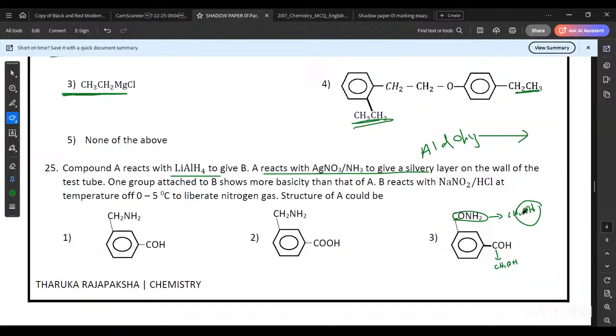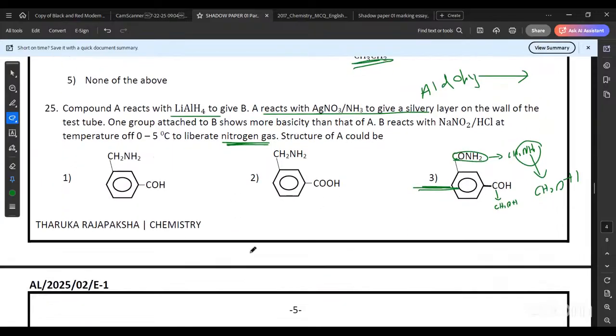Also, at 0 to 5 degrees Celsius, this will not go to a diazonium salt. It will directly go to what? A phenol, liberating nitrogen gas. It will liberate nitrogen gas only when it goes to phenol, an alcohol. Remember that. Answer number 3.